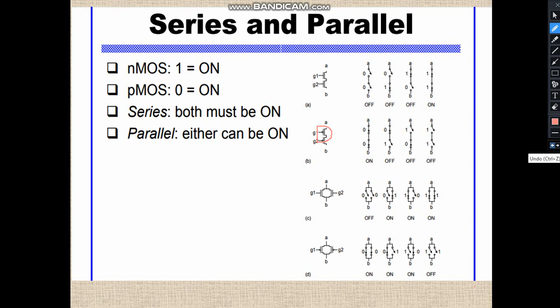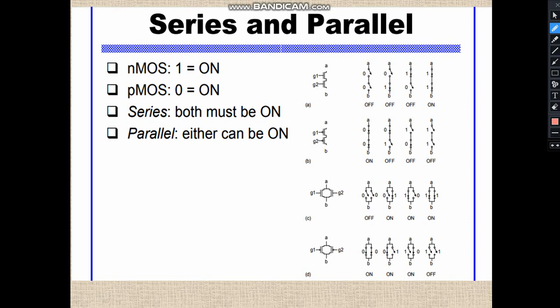In case of parallel combination of two NMOSFETs, for both 0 0, there is no connection between input and output. For any one input equal to 1, the output is connected to the input.